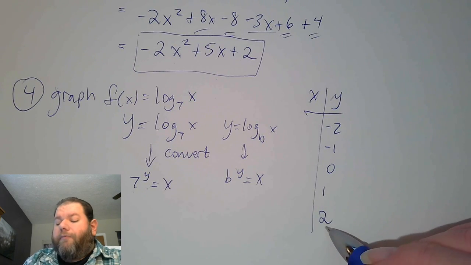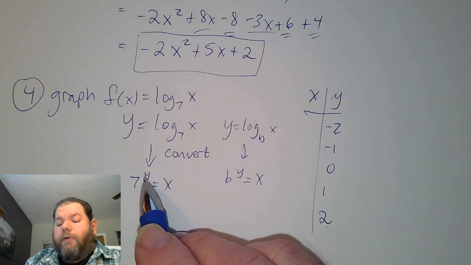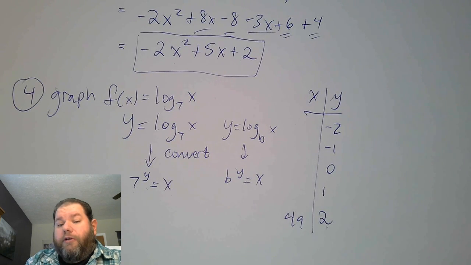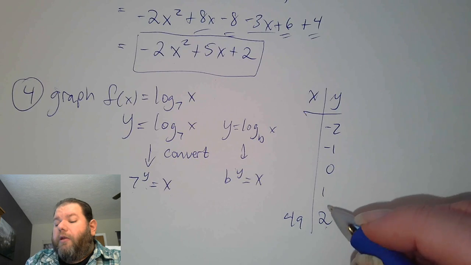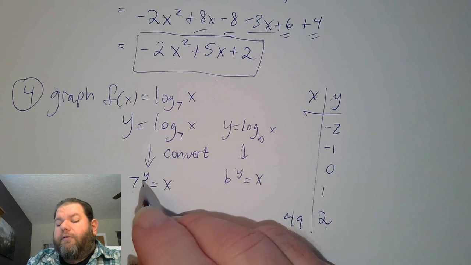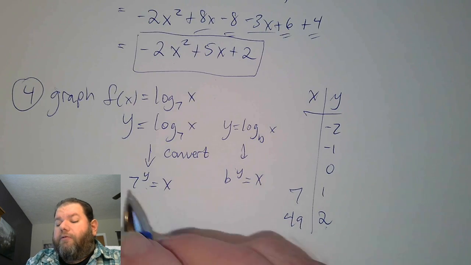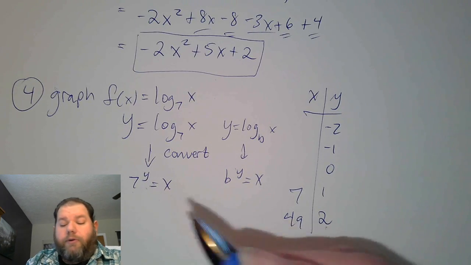So we start at the bottom. If we plug in y equals 2, 7 squared is 49. So 49 comma 2. Plug in y equals 1, 7 to the first power is 7. Plug in 0, 7 to the 0 power is 1.